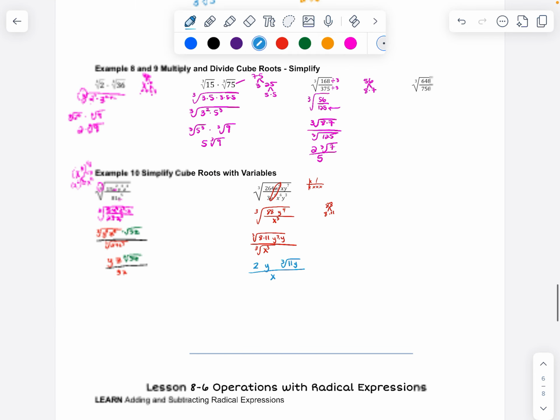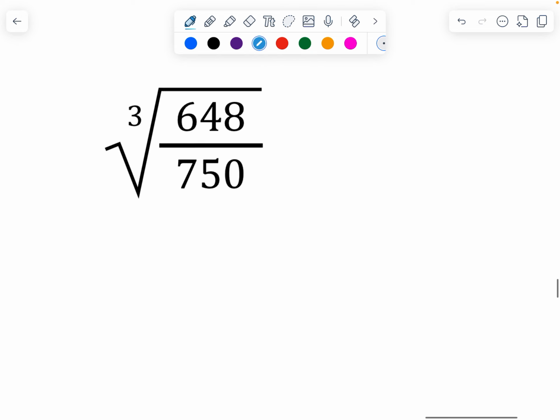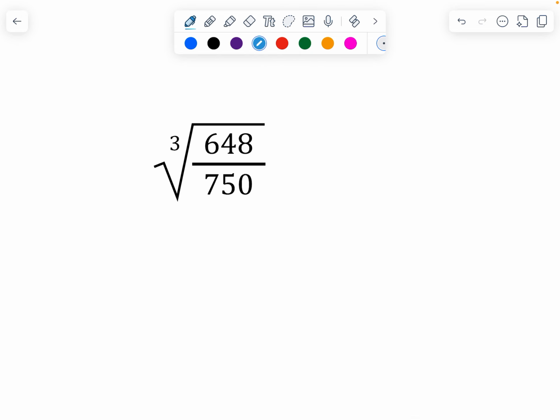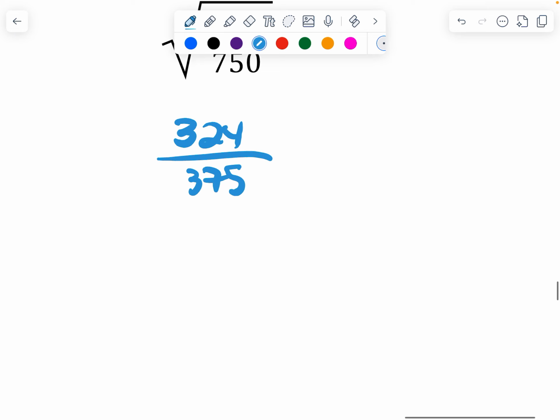Oh, I forgot to do this one over here. I apologize. I know 2 goes into both of them. 648 divided by 2, so that's 324. 750 divided by 2 gets 375. Divide that by 3. If I divide by 3, 108.